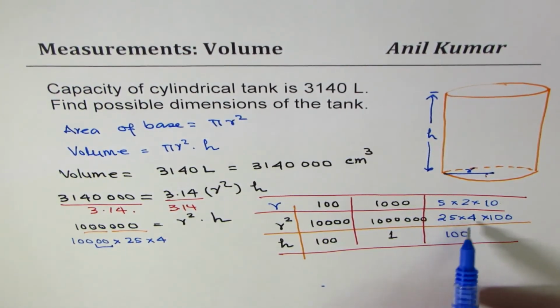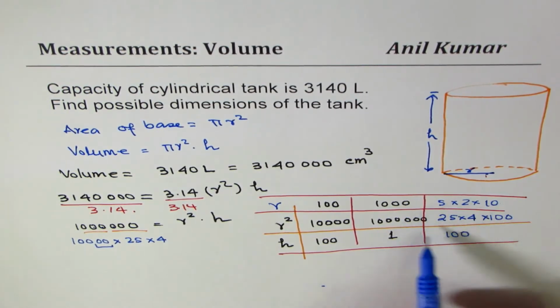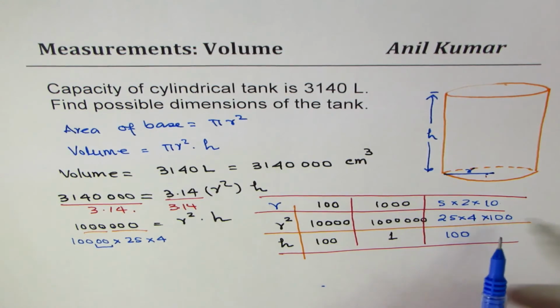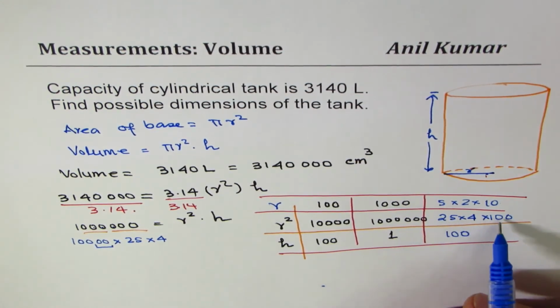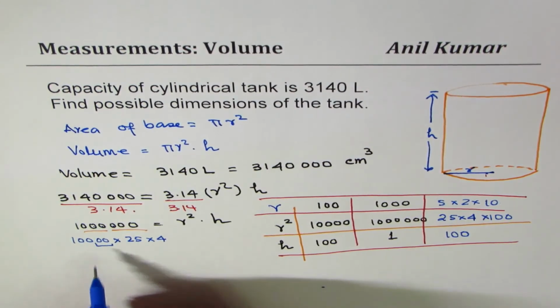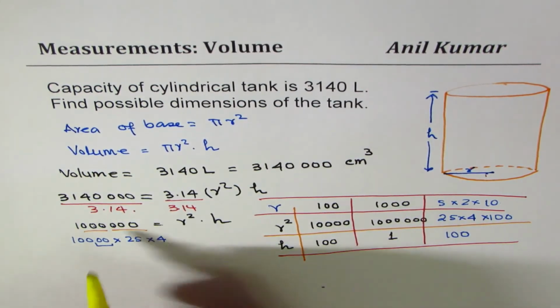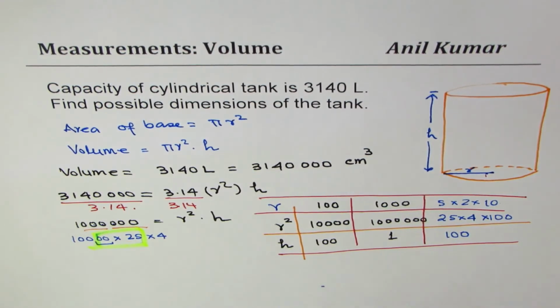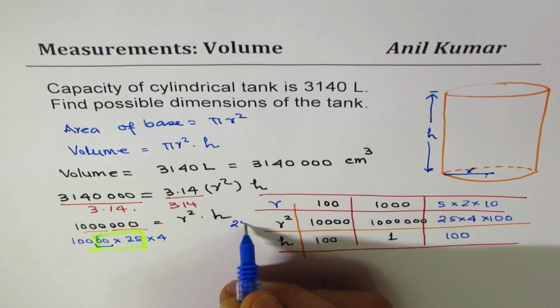So these are different ways you could find different answers for the given situation, right? You could have 2500. So one value could be 2500. Let's say this. This could be a value for you. So radius square is, let me write down here now, 2500.